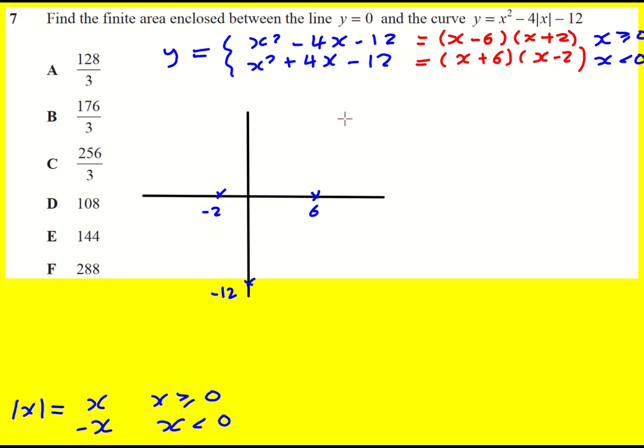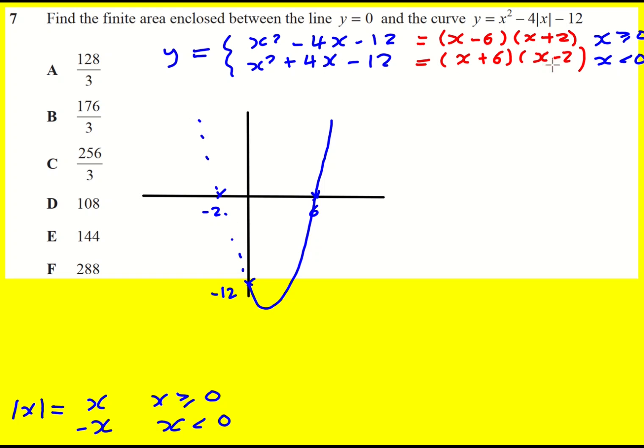So it's going to come down, it's going to hit a minimum before, because the minimum's always halfway between. So it's actually going to be at 2. It's not actually going to be that important, but it's there. And then it would sort of carry on up, but I'm not going to include that bit.